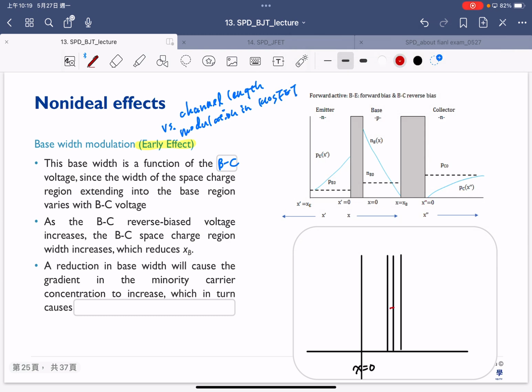This is the BC space charge region increase.